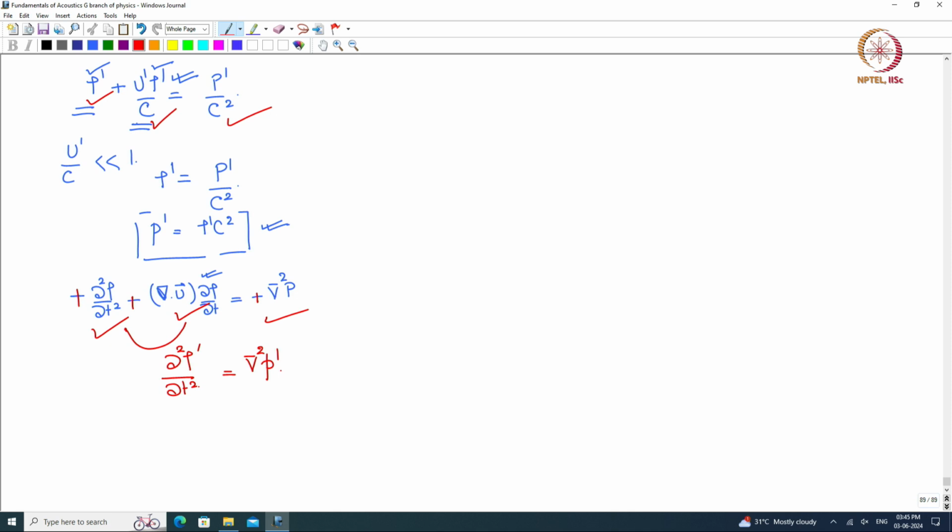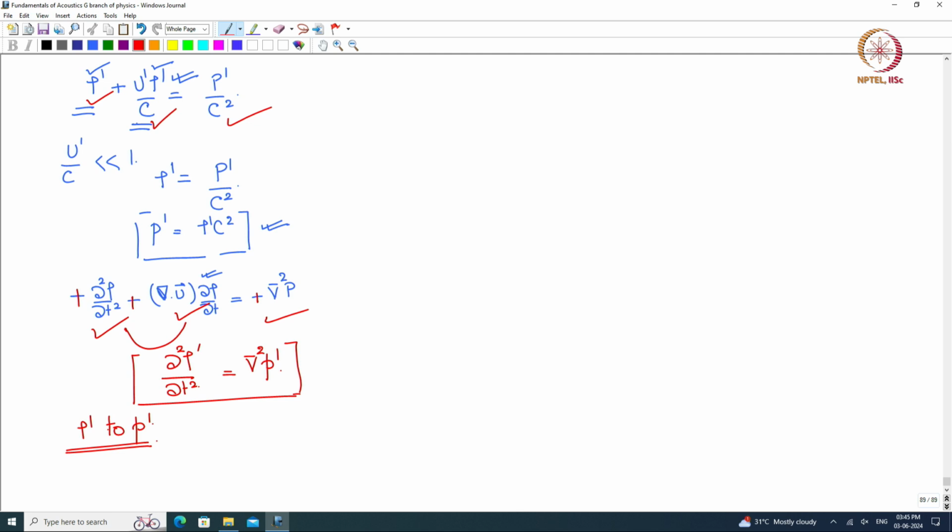Now we have arrived quite a big distance. We now have to relate rho dash to p dash. Once that is done, the whole picture is accomplished.